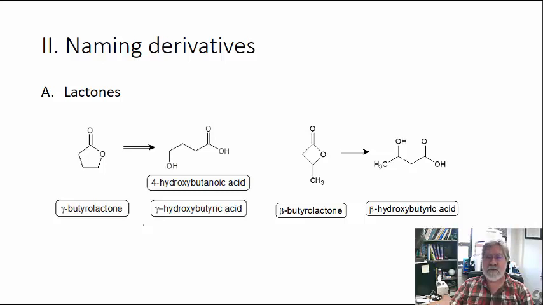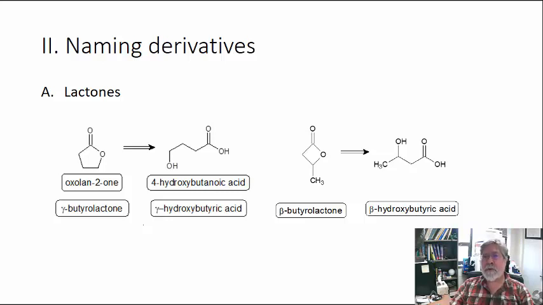I added the true systematic names for both of these lactones. And so you can see how complicated it can be. The 5-membered ring lactone, the gamma lactone, oxolan-2-one. Imagine if I asked you to name that on the quiz or exam.